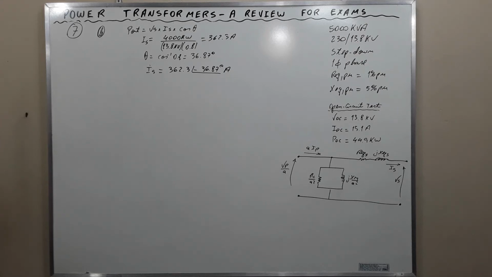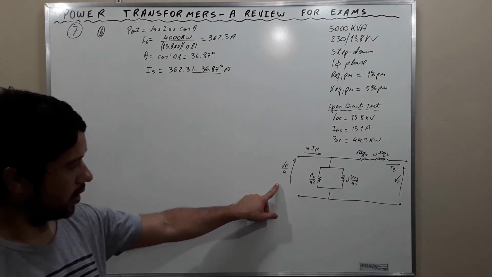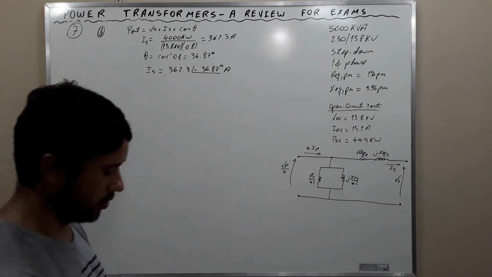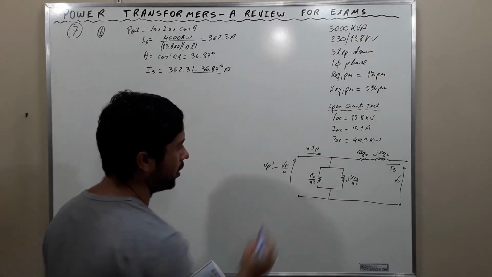With the value of the current, we can calculate Vp. Vp prime. Vp over A is Vp prime.